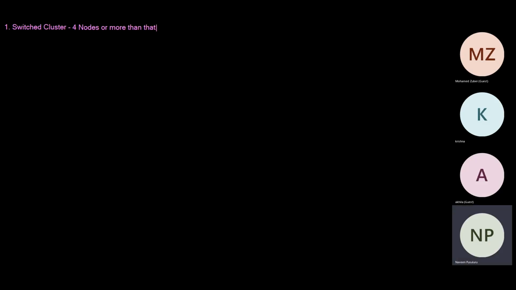Then only we'll proceed with the switched cluster option. Okay, so I'm going to explain how a switched cluster will be, what are the things we are going to do. Let's assume that I'm creating a cluster with 4 nodes.